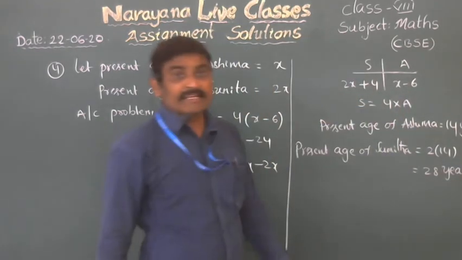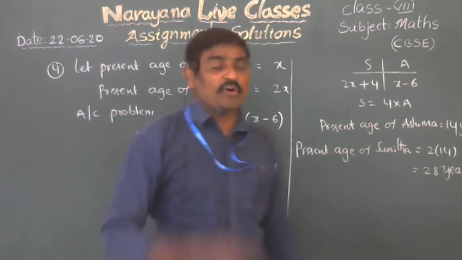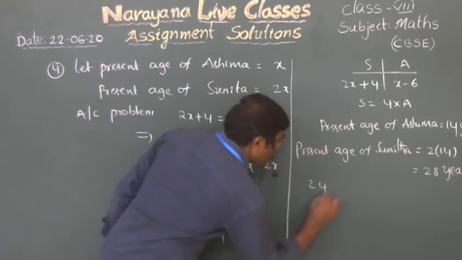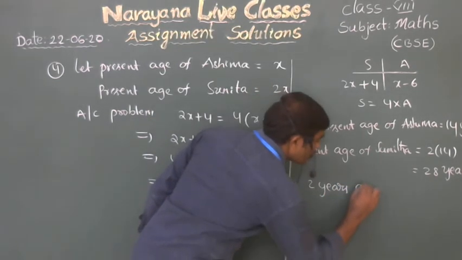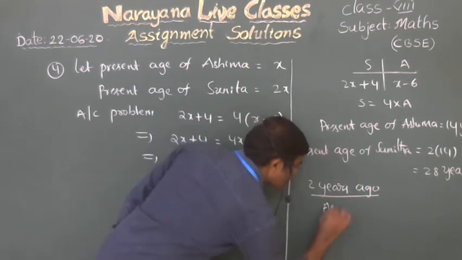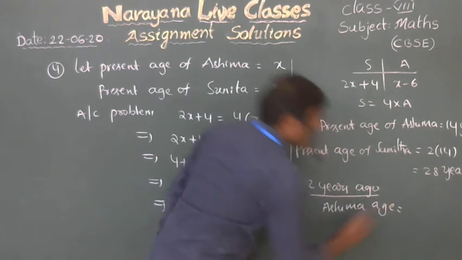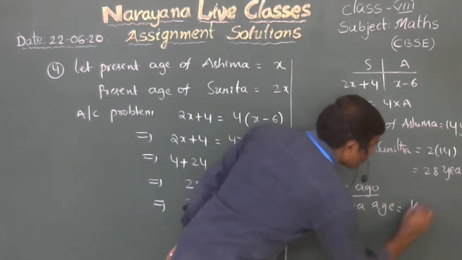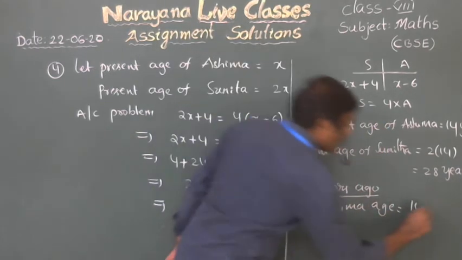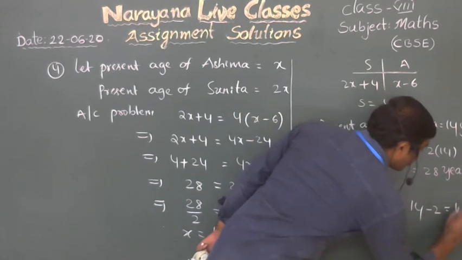But they are asking to find their ages 2 years ago. 2 years ago, Ashima's age is equal to 14 minus 2, since 2 years ago means subtract the 2. 14 minus 2 is equal to 12 years.